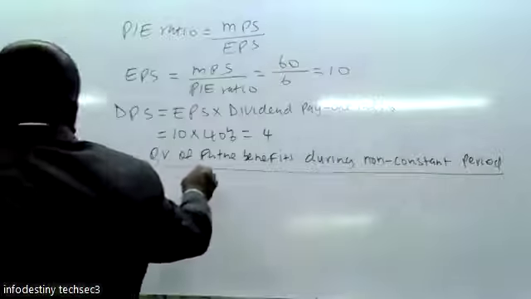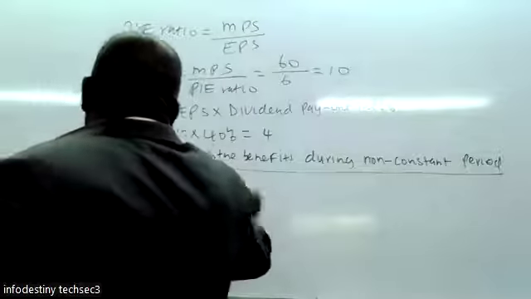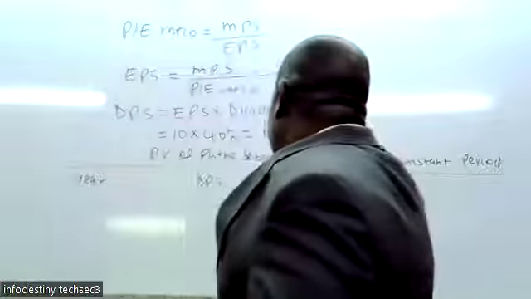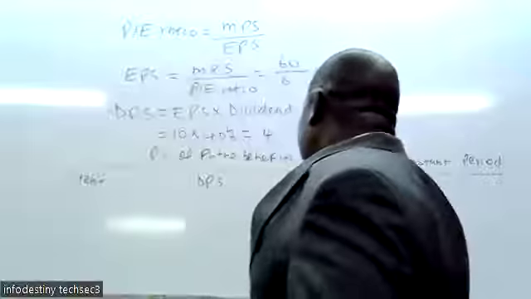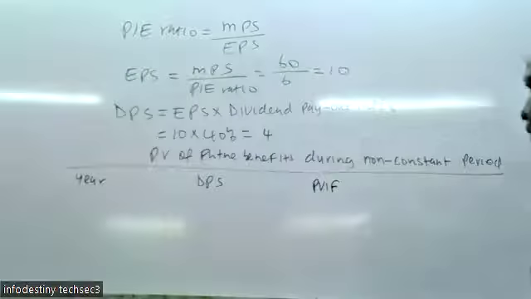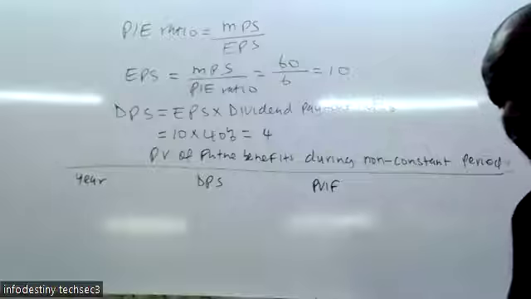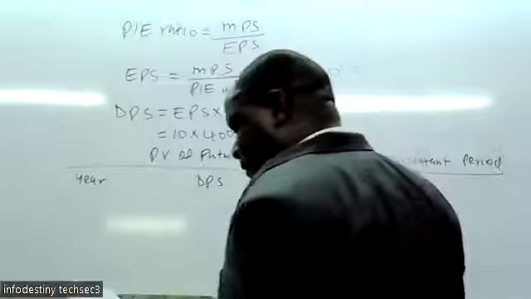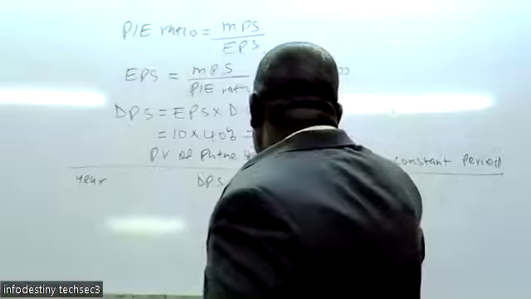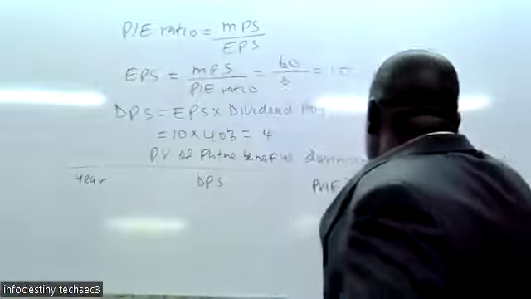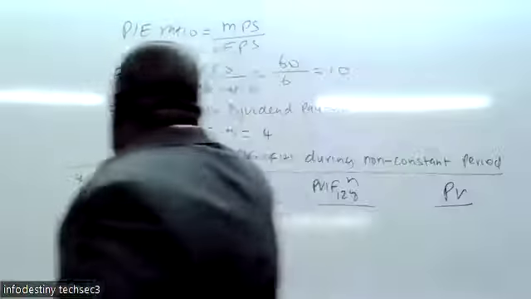So the year, dividend per share, present value interest factor. This time the cost of capital is given as 12%. Then you get the present value.